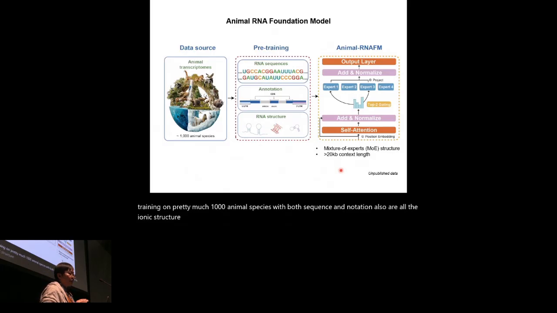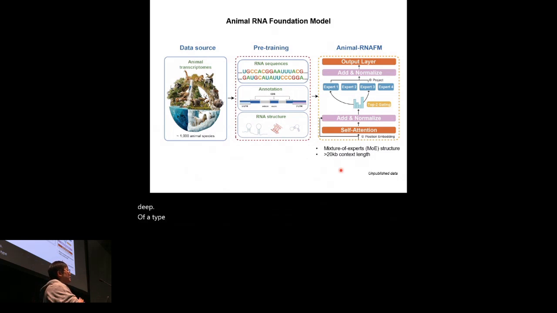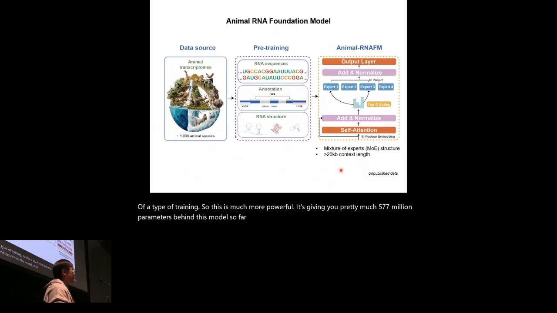This time we went for a mixture-of-experts structure, a DeepSeek type of training. It has 577 million parameters, so far better performance and a more powerful language model.